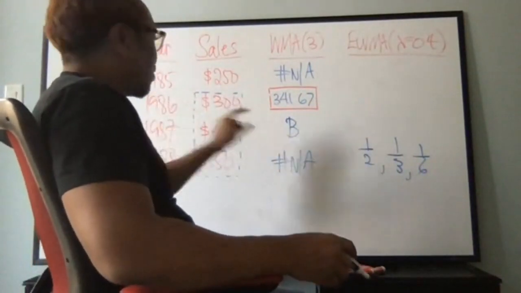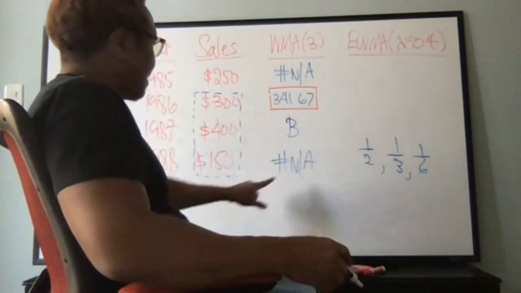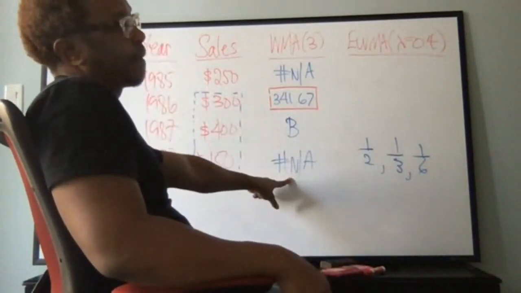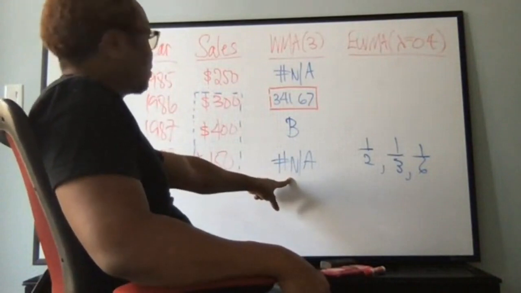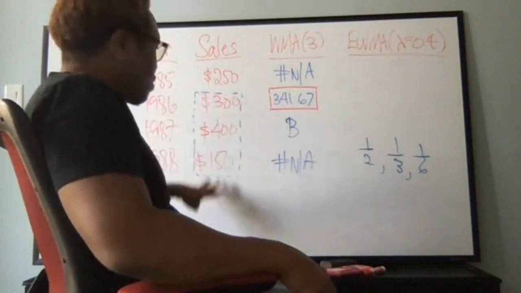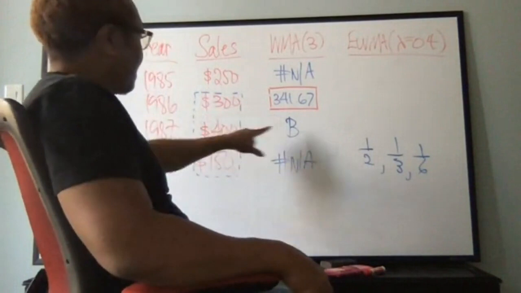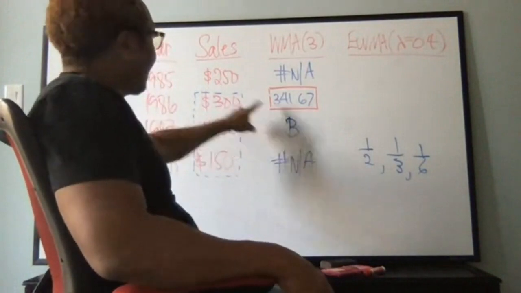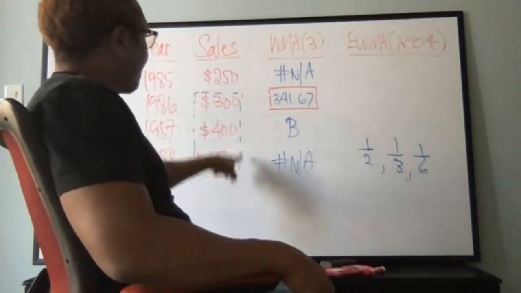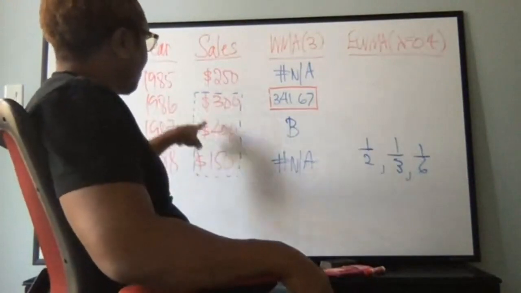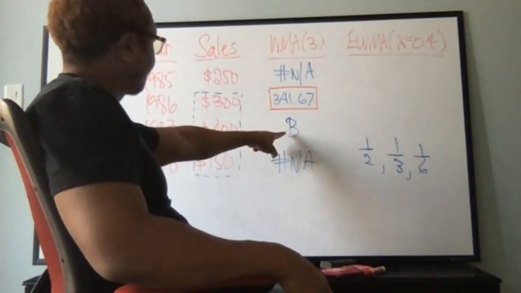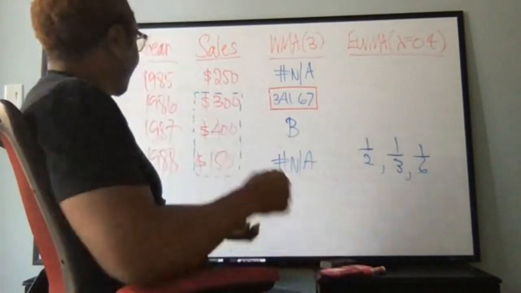And that's why we don't have any more data to consider. So this NA is saying there is no more data to consider, because once I get this answer right here, it's now going to be in the middle of this window, which is right here. See that visually? Yeah, that makes sense.